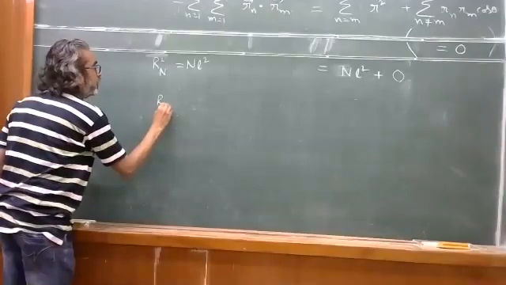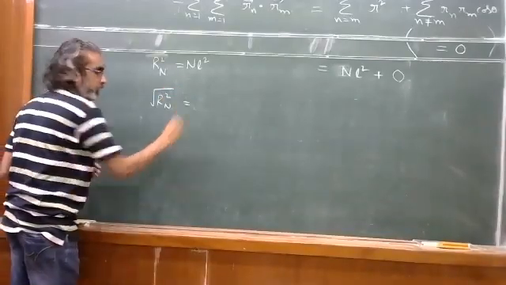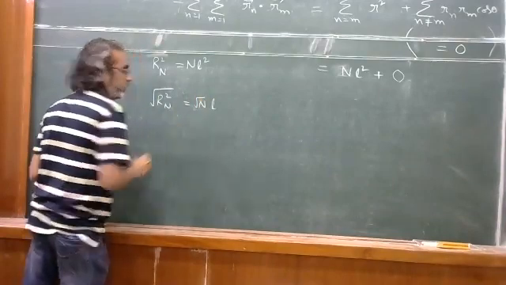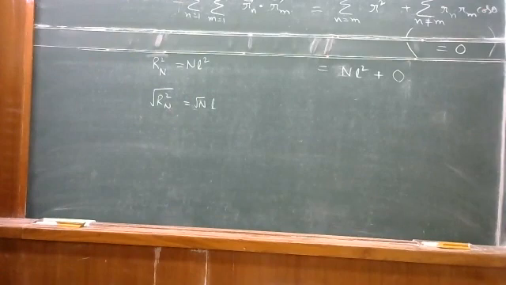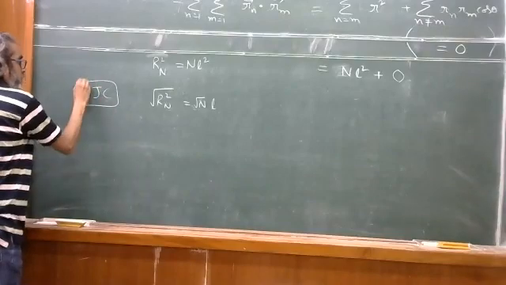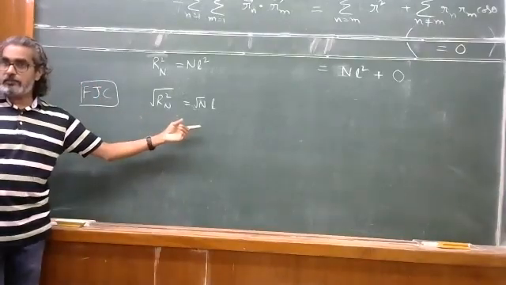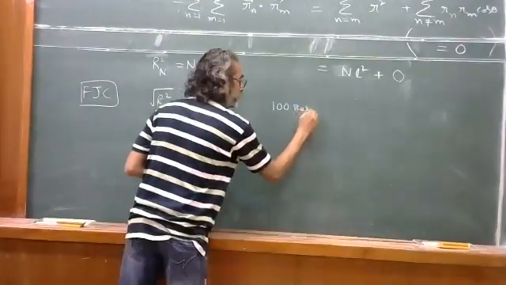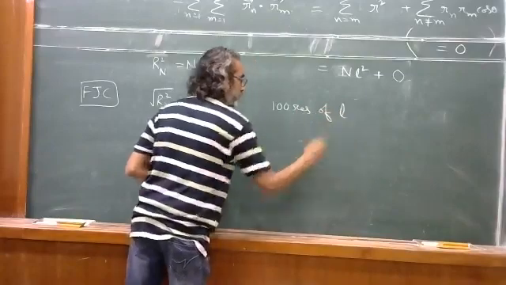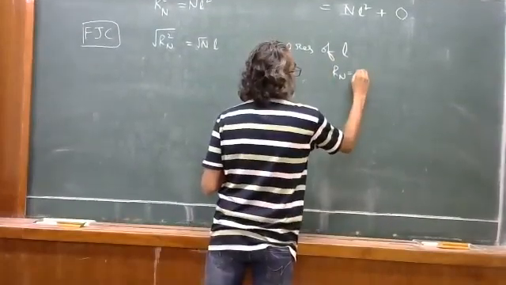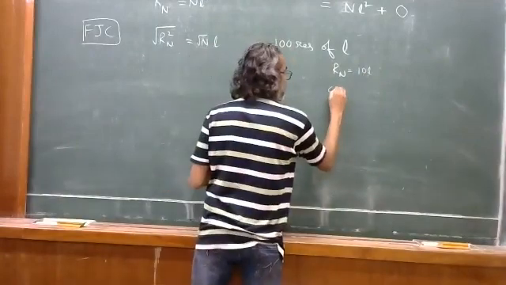Our goal is that the true end-to-end distance is basically square root of n times L. So if you take any random polymer, any polymer in the FJC, the freely jointed chain, the average end-to-end length is square root of n times L. Let's say you have 100 residues. Then Rn is equal to 10 times L.